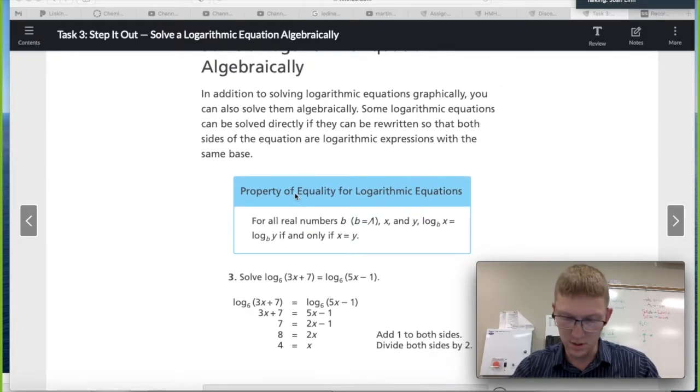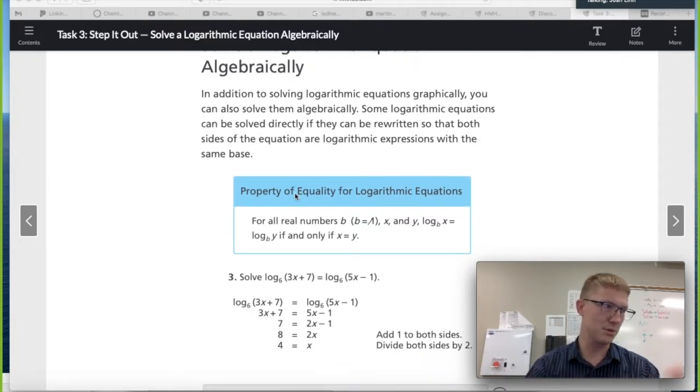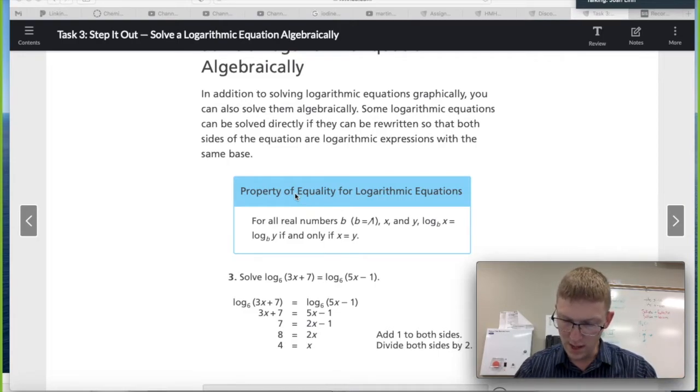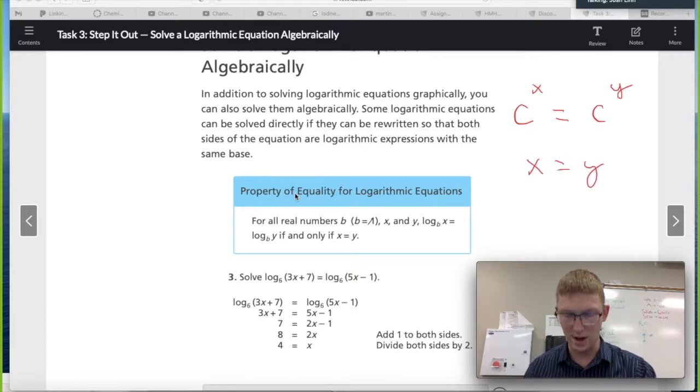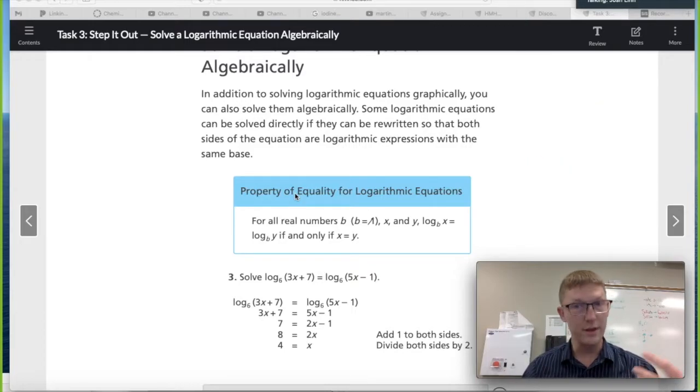Last section, we said if you had some constant raised to the power of x equals that same constant raised to a different power, you can then say that x is equal to y. Well, in the same way with a logarithm, you can do that.